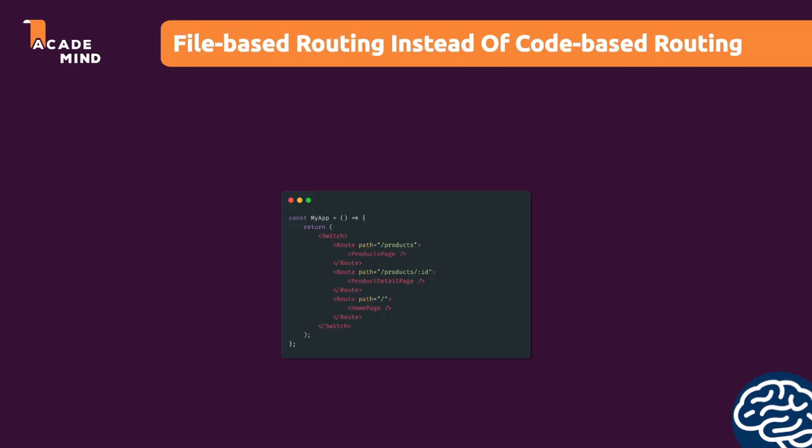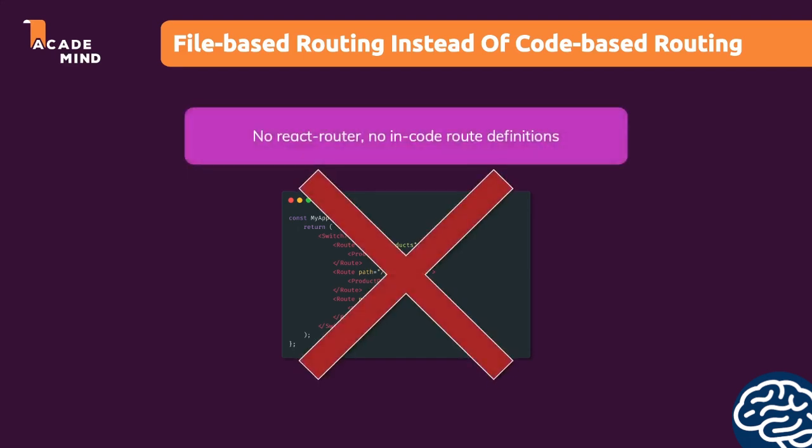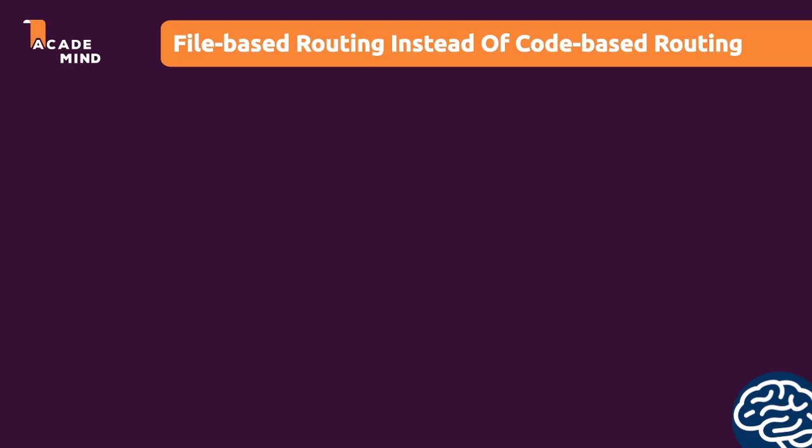And there, of course, isn't necessarily anything wrong with this setup, but this is not how we'll do it with Next.js. There, we don't install React Router, and we won't write any JSX code or any JavaScript code at all when it comes to defining our routes and our page structure.